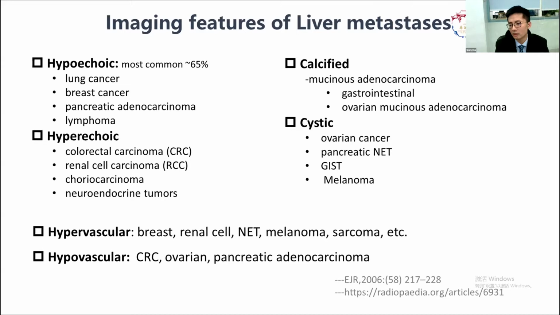Some can cause cystic liver metastasis even though the primary tumor is solid, such as ovarian cancer, pancreatic neuroendocrine tumor, and GIST. In contrast-enhanced studies, liver metastasis may be divided into hypervascular and hypovascular. Hypervascular tumors may show partial or total enhancement during the arterial phase, such as breast carcinoma, renal cell carcinoma, and melanoma.